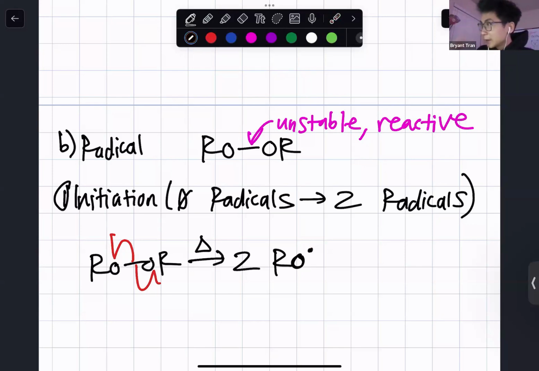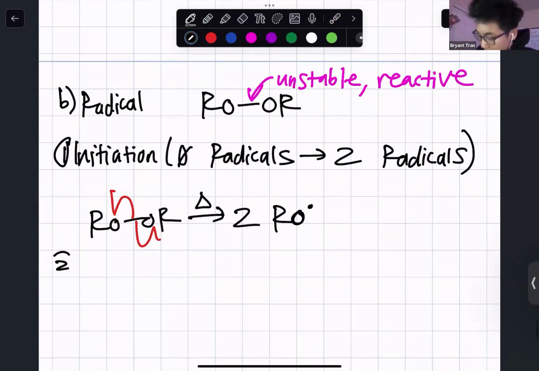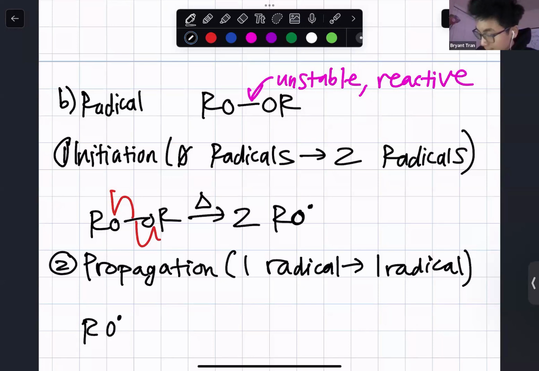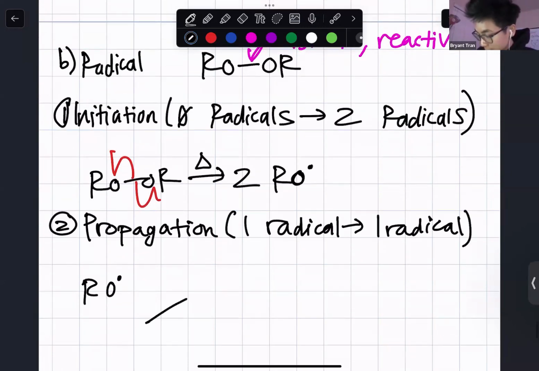Okay, now we're gonna move on to propagation, where propagation is going to exchange one radical for another radical, propagating the radical chain. So I'm gonna bring in one of my OR radicals like that, and let's say we have some random alkene like that right there.